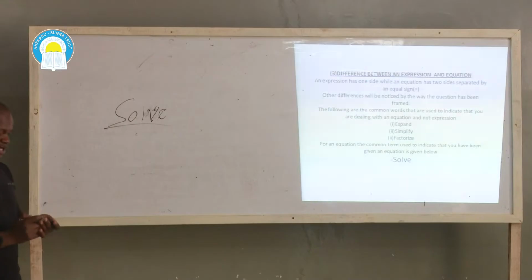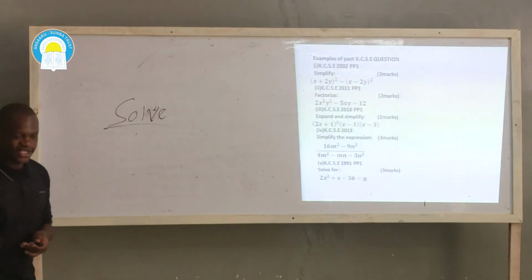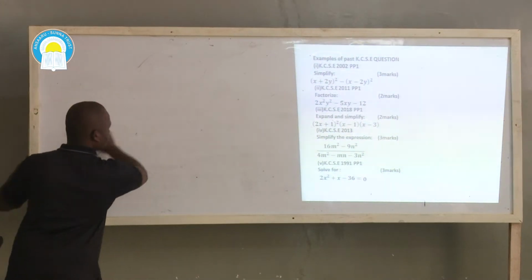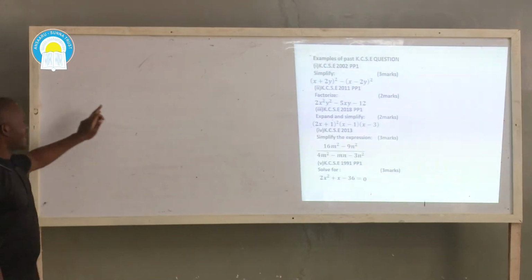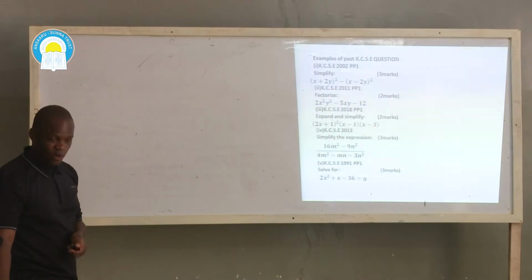Now we want to see how this has been tested in the past. Of course, now in a short while. Look at KCSE 2002. We had a question in paper 1. The question was, of course we have it there, but I'm going to write the question here for clarity. KCSE 2002, paper 1.